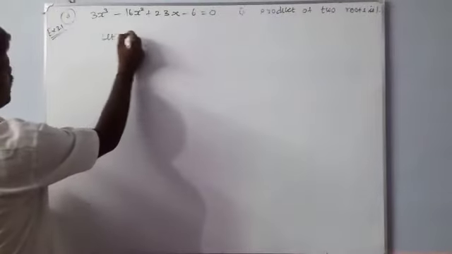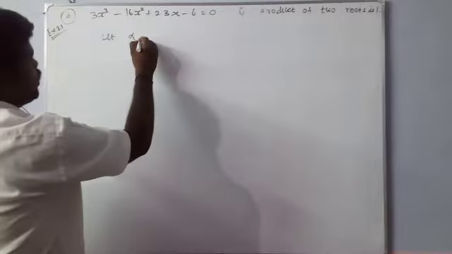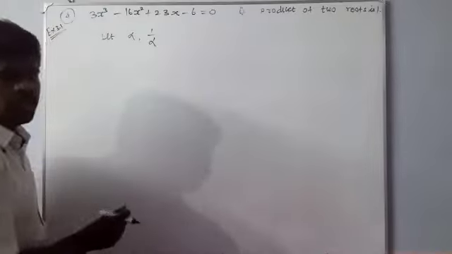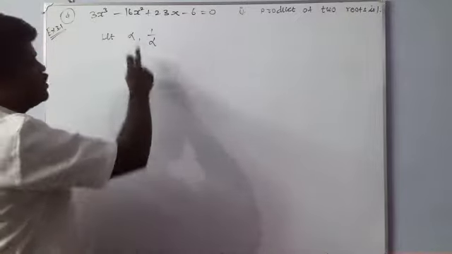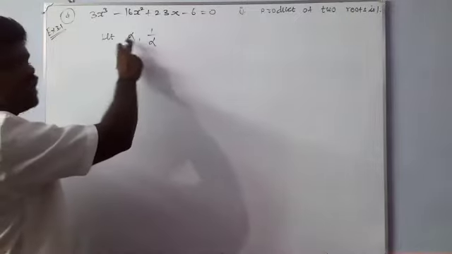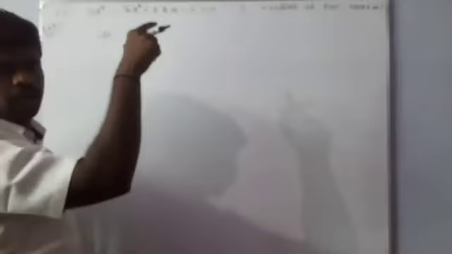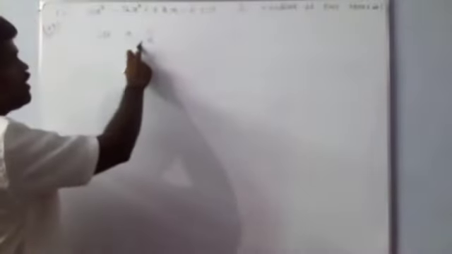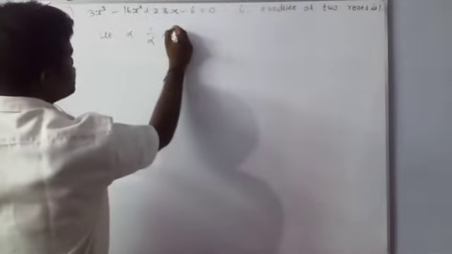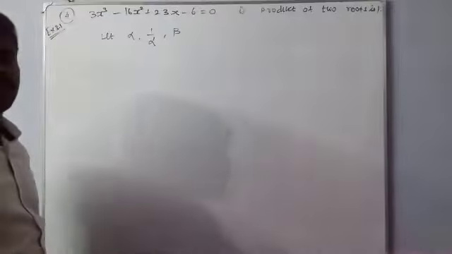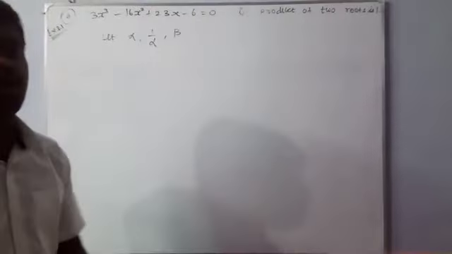Let one root be alpha and the other root be 1 by alpha, because the product of the two roots is 1. Alpha into 1 by alpha is equal to 1. So alpha, 1 by alpha are two roots, and since this is a cubic polynomial, the one more root is beta.